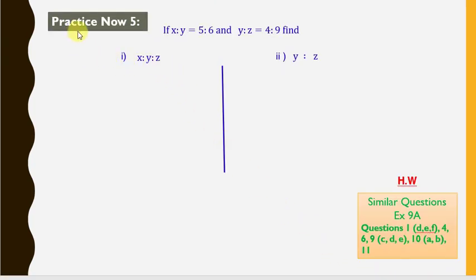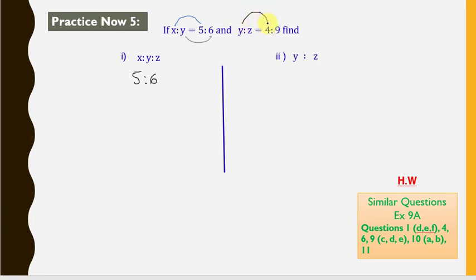Then, as we have solved worked example 5, the practice now will be solved in a similar way. If x is to y is 5 is to 6, fine. So we will write x is actually 5 and y is 6. Now the other ratio, y is to z, is 4 is to 9.